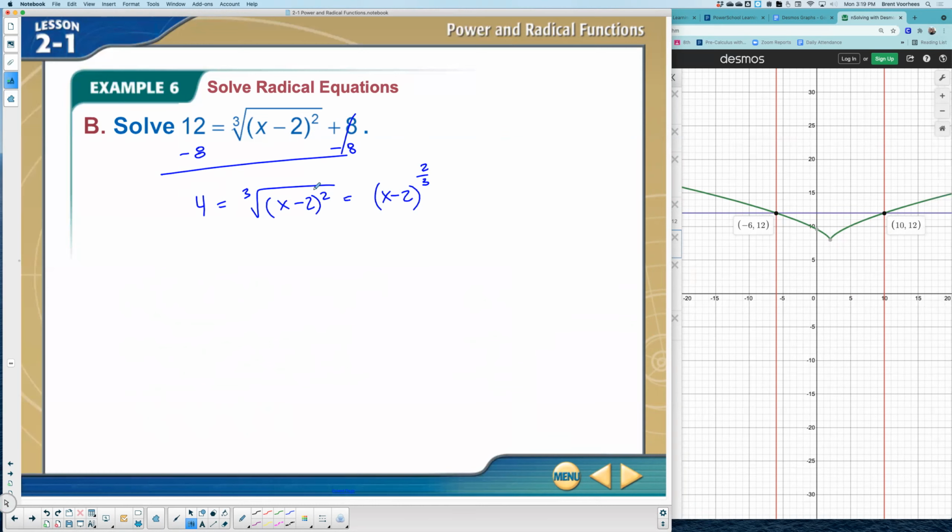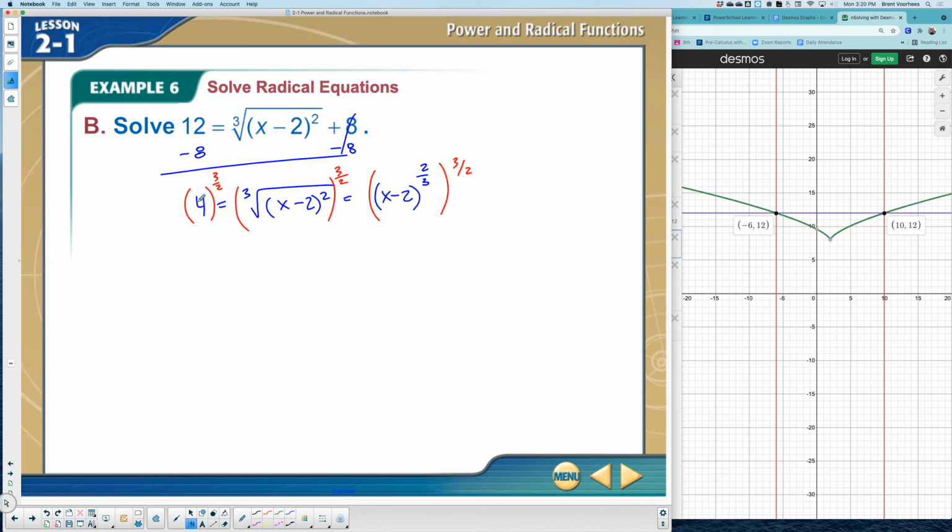And so if I want to get rid of the power of 2/3, you need to raise everything to the power of 3/2. So what I'm going to do here is raise everything to the power of 3/2, which right here, it's the same thing in the middle. You don't need the middle section here any longer.